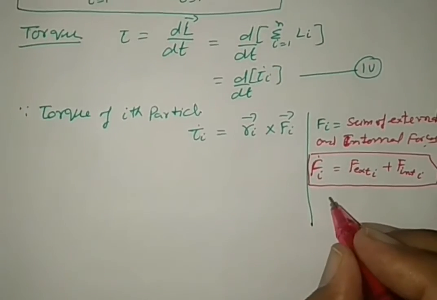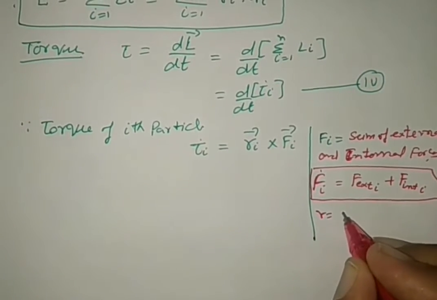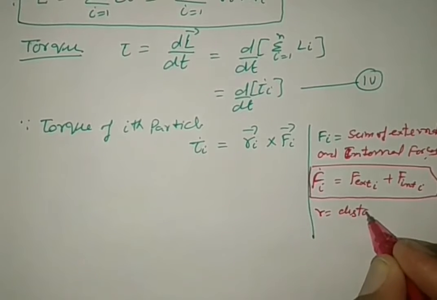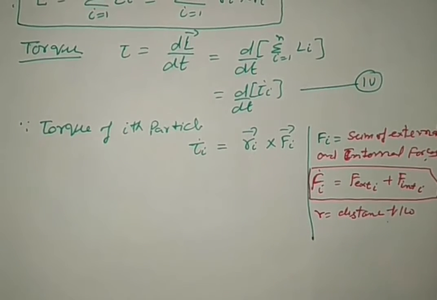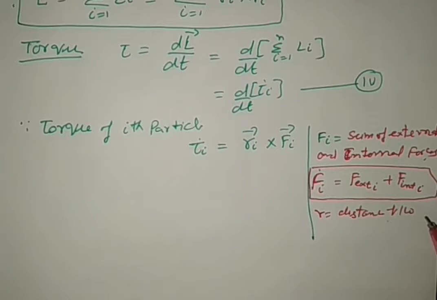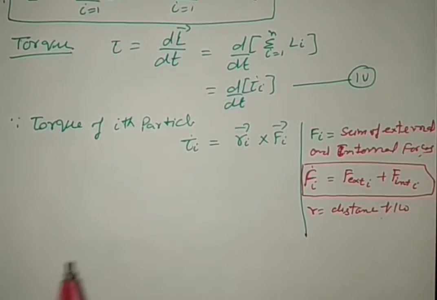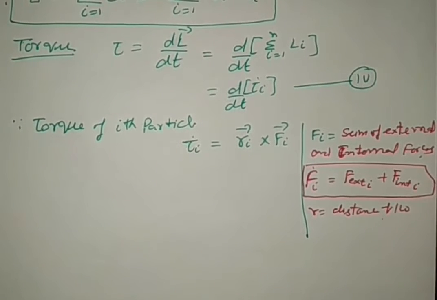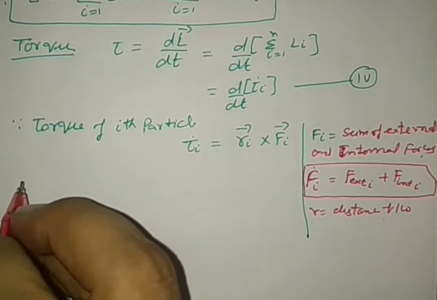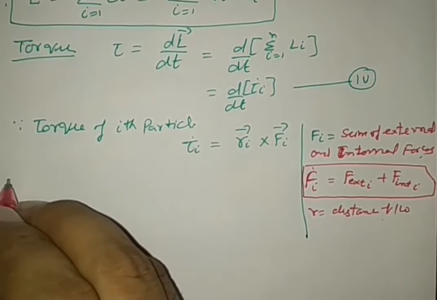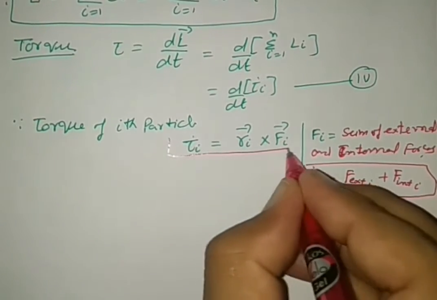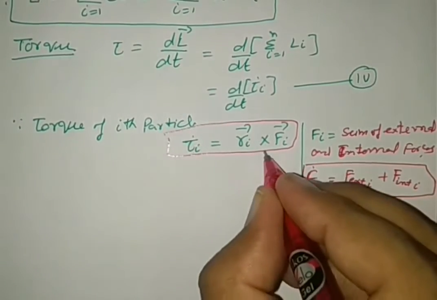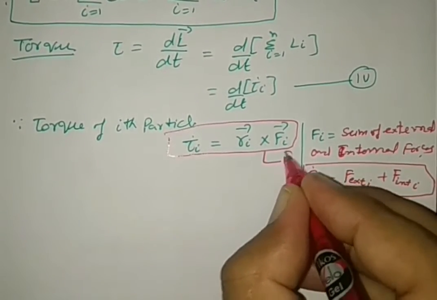And R is the distance between the axis of rotation and the point of application or line of action of force. We already know. Now, see how this torque is represented. Let this be equation number 5.